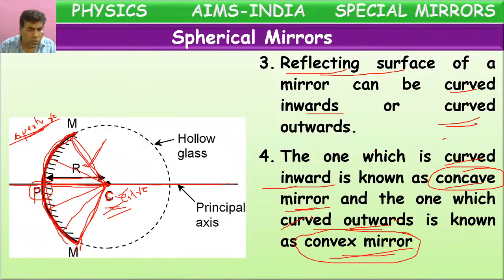Aperture means the reflecting surface. The total reflecting surface is called aperture. Here, the aperture is from M to M dash. This total part is the aperture, the circumference of the reflecting surface.